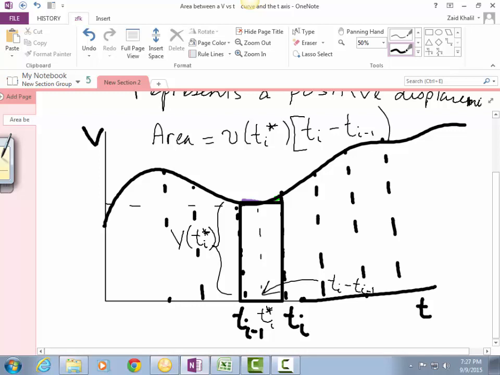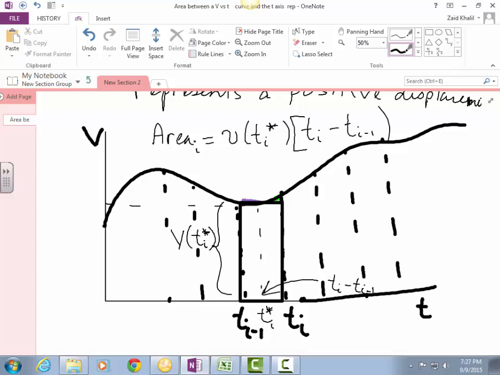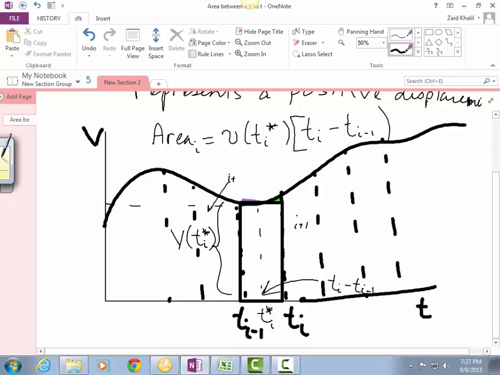And that's the area of, let's say, the ith rectangle, because we're going to do the same exact thing with all these other rectangles. So, for instance, this would be the i plus 1 rectangle, and this would be the i minus 1 rectangle. Okay. Now we have the area.